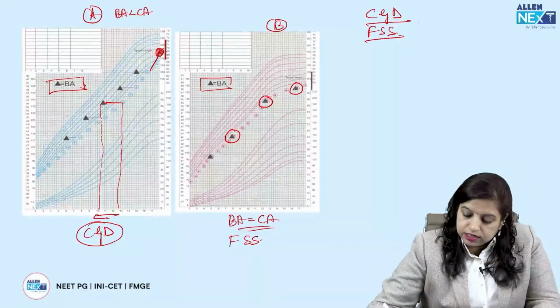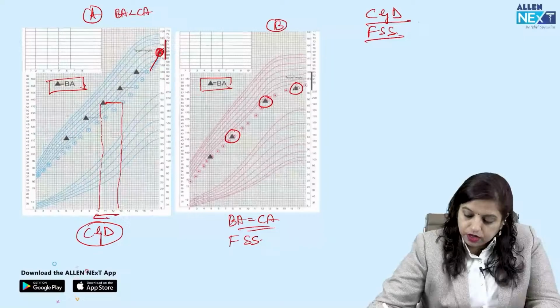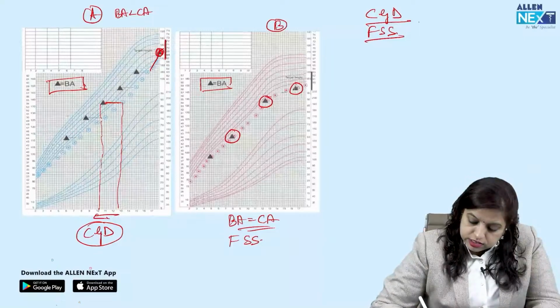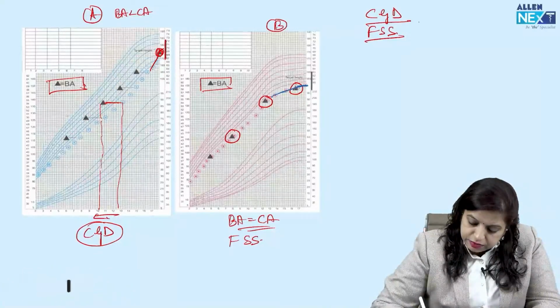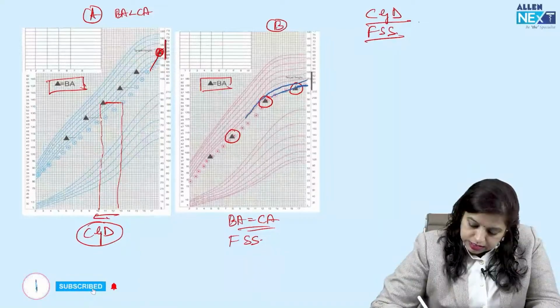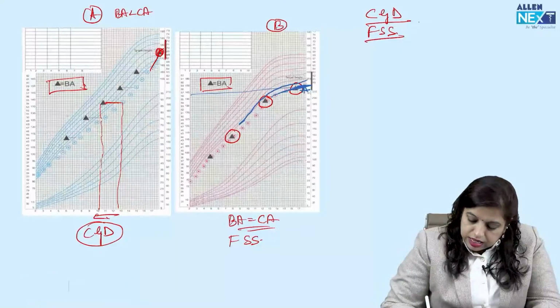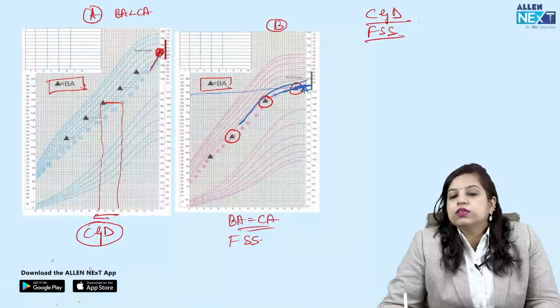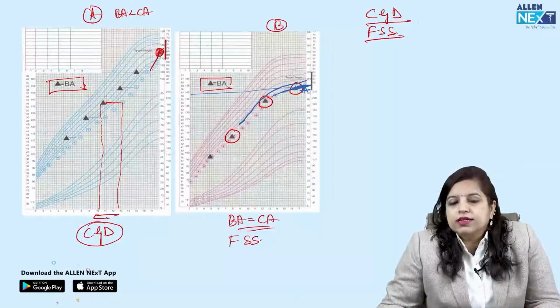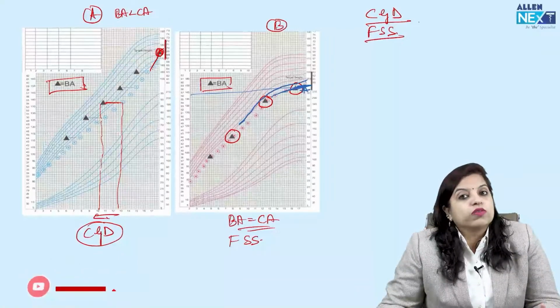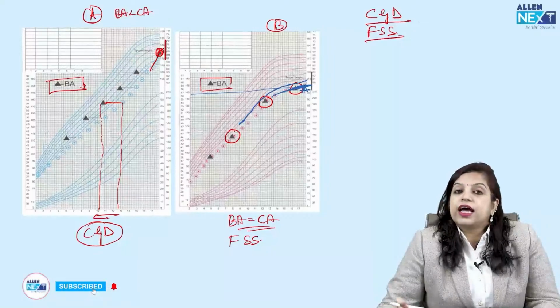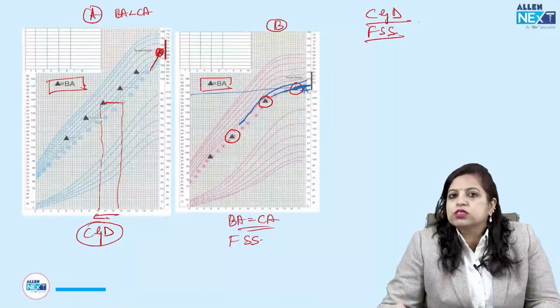While in the other graph, the child's final height still remains below the third centile. So this is the final height, right? And this is definitely below the third centile. It is not crossing any centiles. The final height is not within the normal range. The child eventually stays of short stature only.